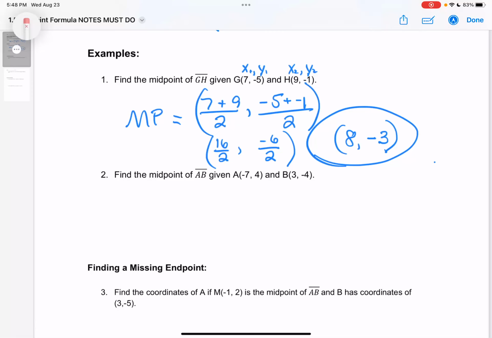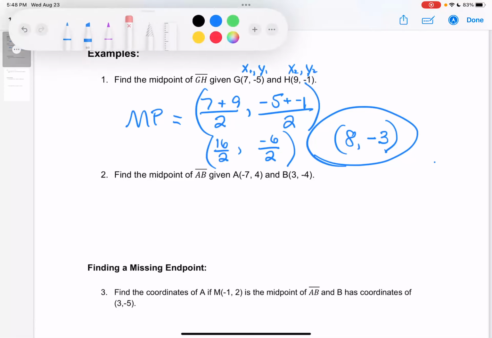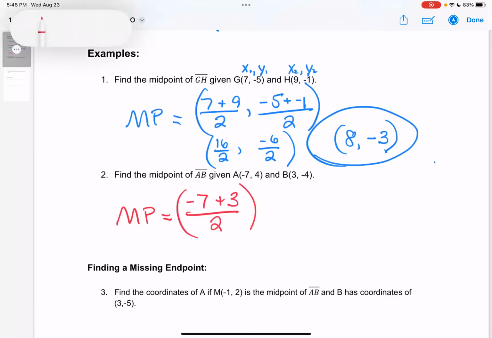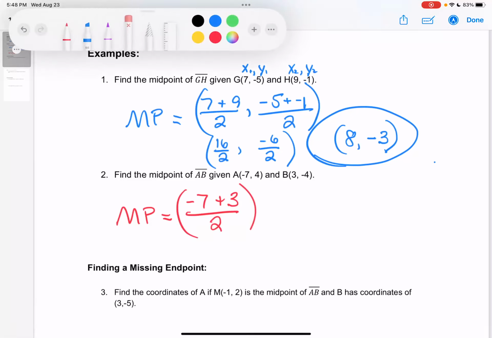Let's do this one. I'll do it in red, if it will let me. There we go. So for the midpoint here, I've got A and B. So -7 is the first X value, plus 3, divided by 2. Needs to be a comma there.